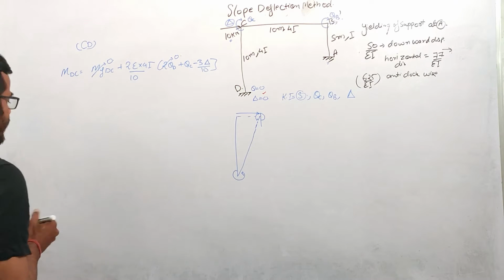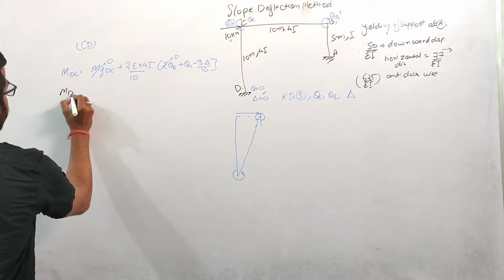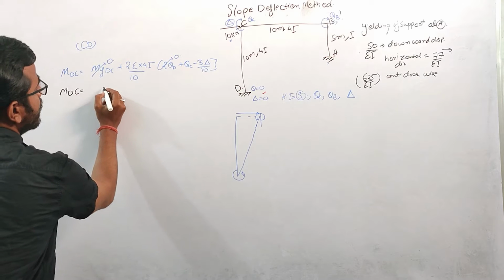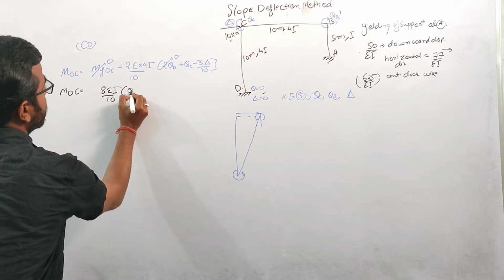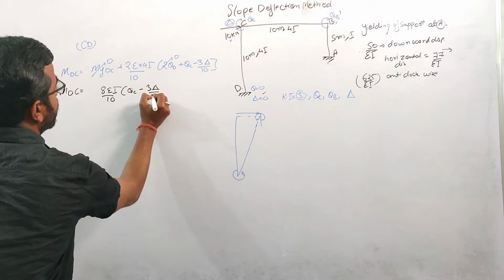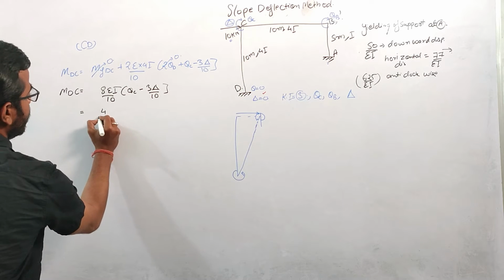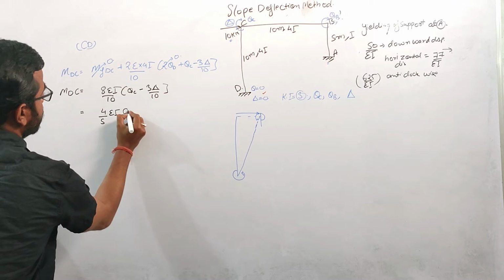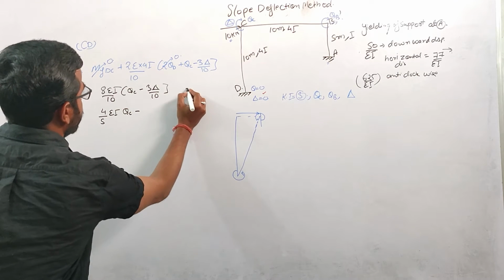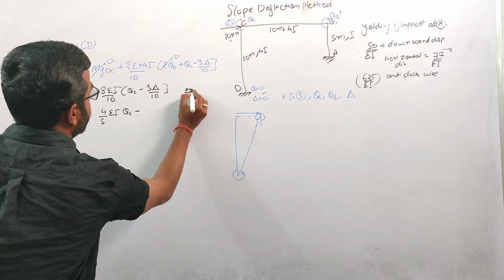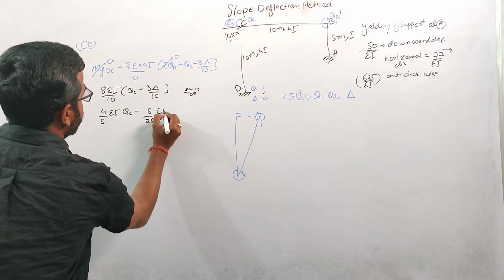If we write this equation in simple form, I can write MDC equals 8 EI over 10 theta C minus 3 delta over 10, right? So it equals 4 by 5 EI theta C minus, this will be 24 divided by 100, so it will be 12 by 50, 6 by 25, 6 by 25 EI delta.